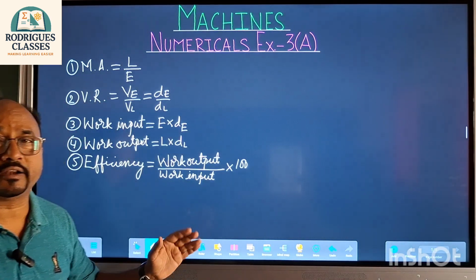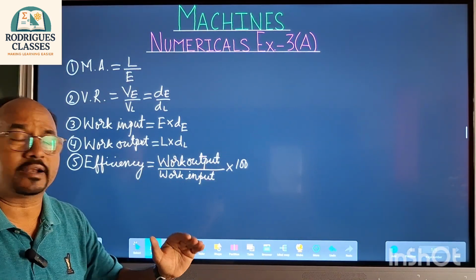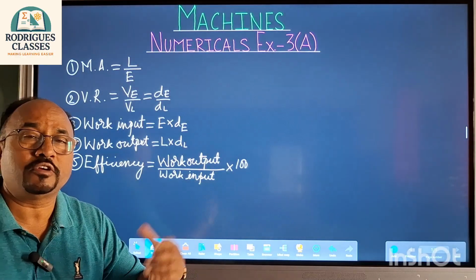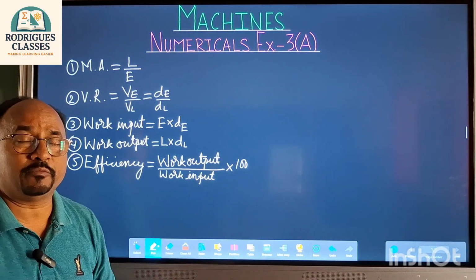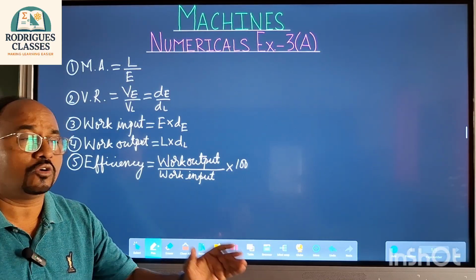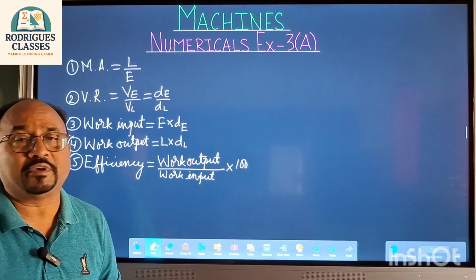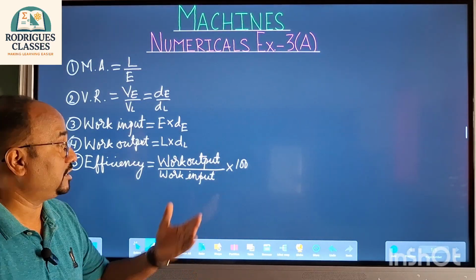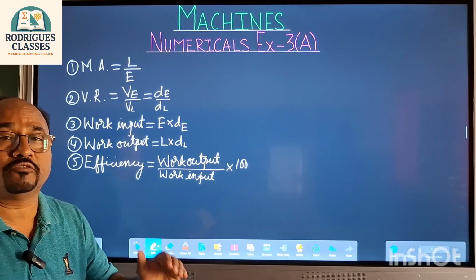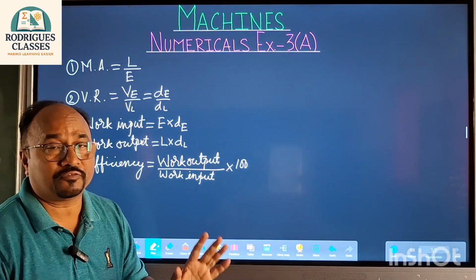If we multiply by 100, we are going to get efficiency in terms of percentage. If you don't use 100, efficiency will be in terms of fraction. We can leave it either way, but it will be better if we bring it in percentage. So in an ideal condition, when these two are equal, efficiency will come as 100%. But in actual condition, it's not going to happen like that. It will always be less than 100%. So this is one relationship of efficiency.